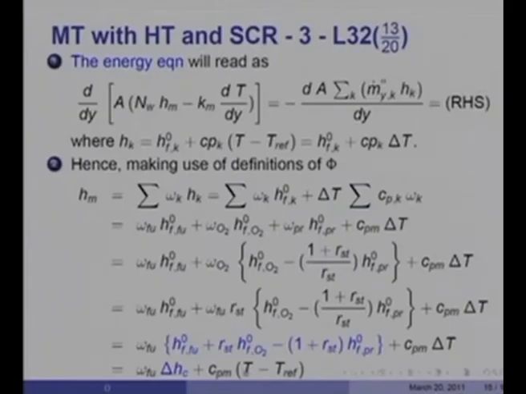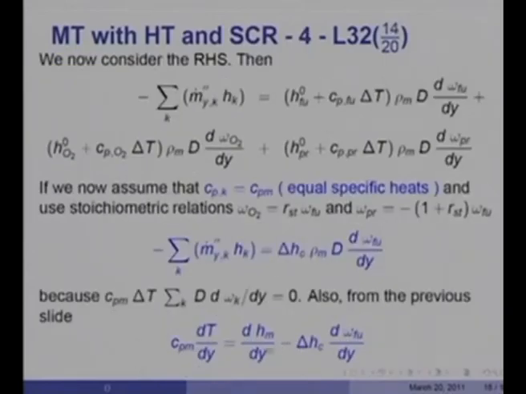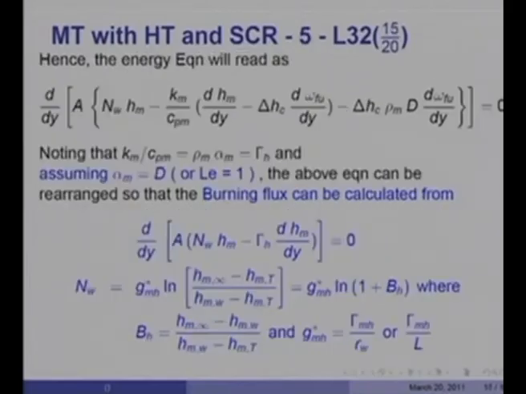So, if I take the differential of this equation with respect to y, then Cpm into dT by dy would be dHm by dy minus del Hc into d omega Fu by dy, and that is what I have written here. So, now I have this expression and I have this expression, which I am going to make use of in deriving the right hand side.